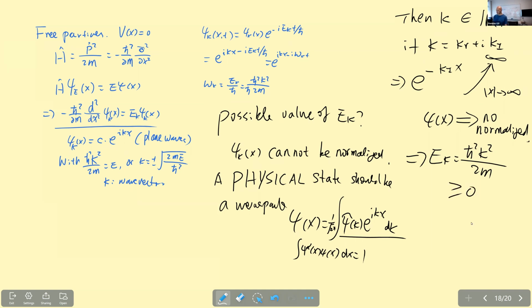Right. So this gives us a very important feature of this time independent Schrödinger equation.